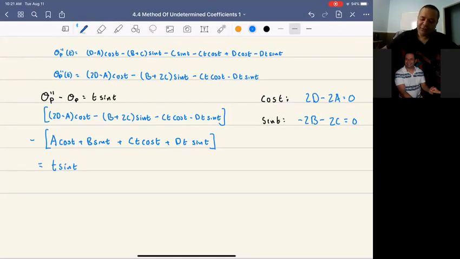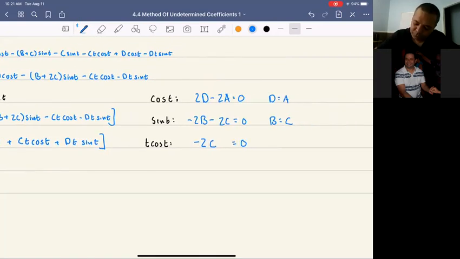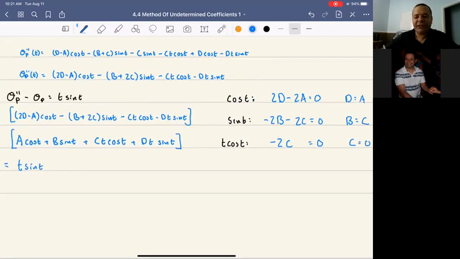Okay, let's do now t cosine of t. T cosine of t, let's see, I have minus ct minus 2ct. That's going to be equaling 0, right? I'm sorry, yeah. So minus ct again. So c equals 0.